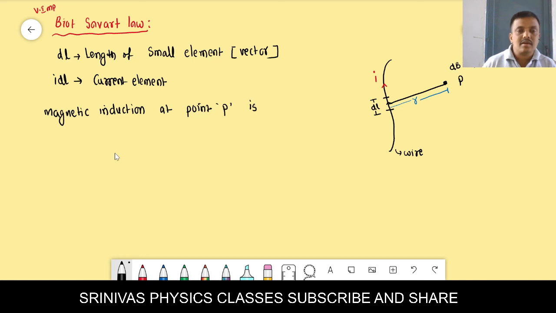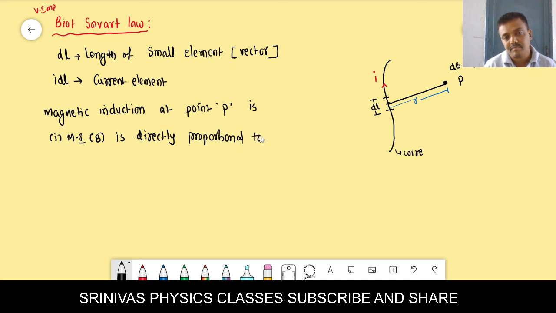It depends upon some factors. First point: the magnetic induction B is directly proportional to the current. The magnetic induction due to the small current element at point P, we consider as dB.